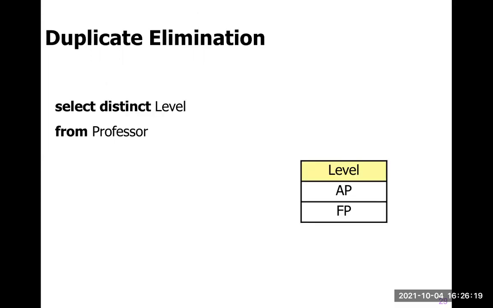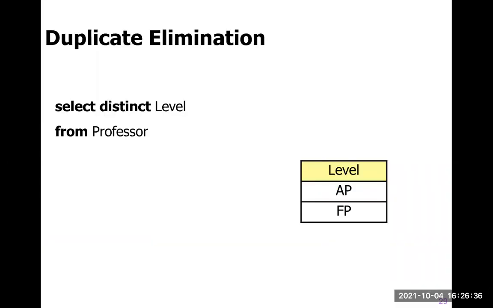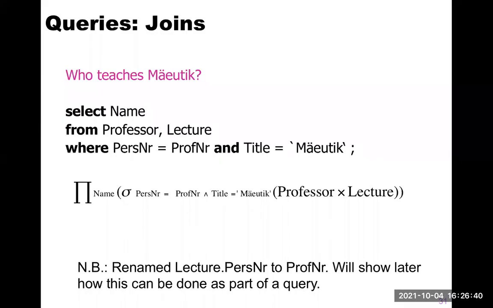Ordering is ordering. Duplicates may be eliminated, and in many cases we do want to remove duplicates, so the keyword distinct. In many systems, the keyword unique may be used to remove duplicates, but distinct is most standard.